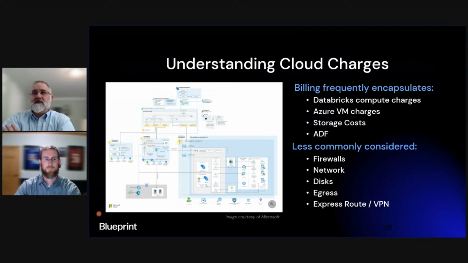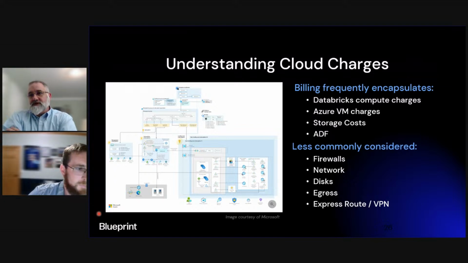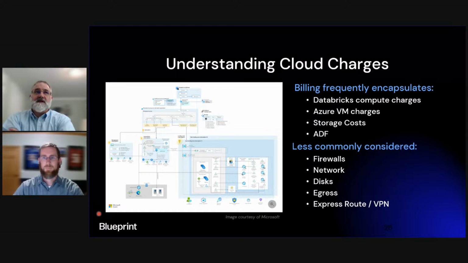There are components that, particularly as a data engineer, we may overlook or aren't aware of, or don't work with day to day and historically haven't been responsible for managing, such as VMs, network components like firewalls, endpoints, subnets, NSGs, being directly involved with egress charges, and then the storage accounts. As you can see, it can get pretty complicated pretty fast. So dealing with that up front and understanding how and who is going to be responsible for those charges is pretty critical.